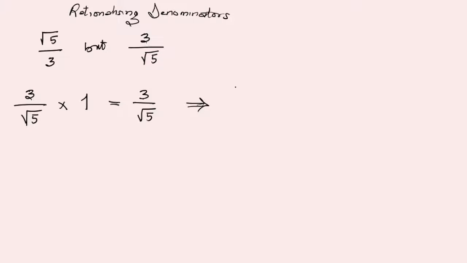Now, consider this. If I have 3 over root 5 multiplied by root 5 over root 5, you would agree that root 5 over root 5 is equal to 1, which is essentially the same as what we've done here. The difference is that we're expressing our 1 in a different way. If we work this out, 3 multiplied by root 5 becomes 3 root 5, and root 5 multiplied by root 5 becomes 5.